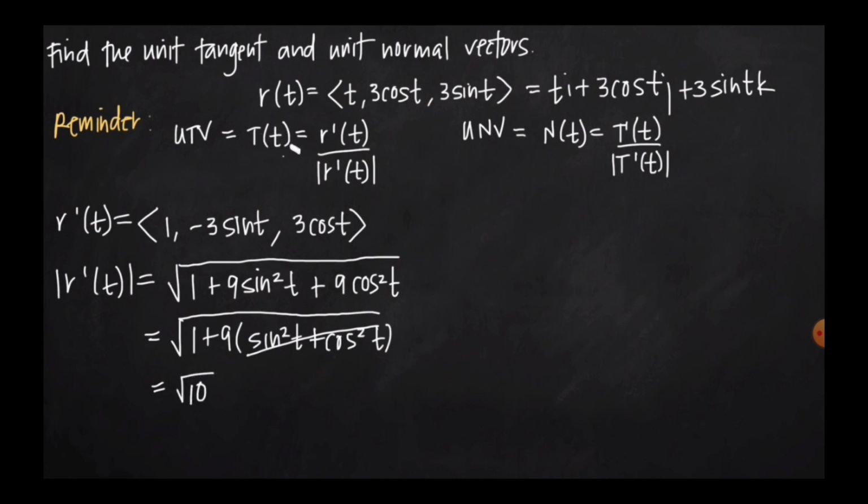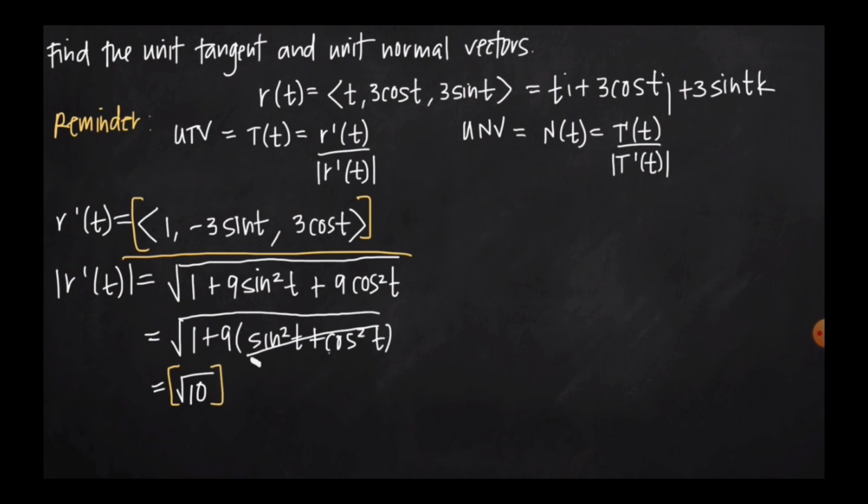Now, when we're talking about finding the unit tangent vector, we have the two components we need. We have the derivative of r of t, r prime of t, and we have the magnitude here of the derivative. So we're going to take this value here, r prime of t, these components, plug them into the numerator, and then take this square root of 10 and plug it into the denominator. So really, we just have this value right here divided by, if we just put a big division line, this value right here in the denominator.